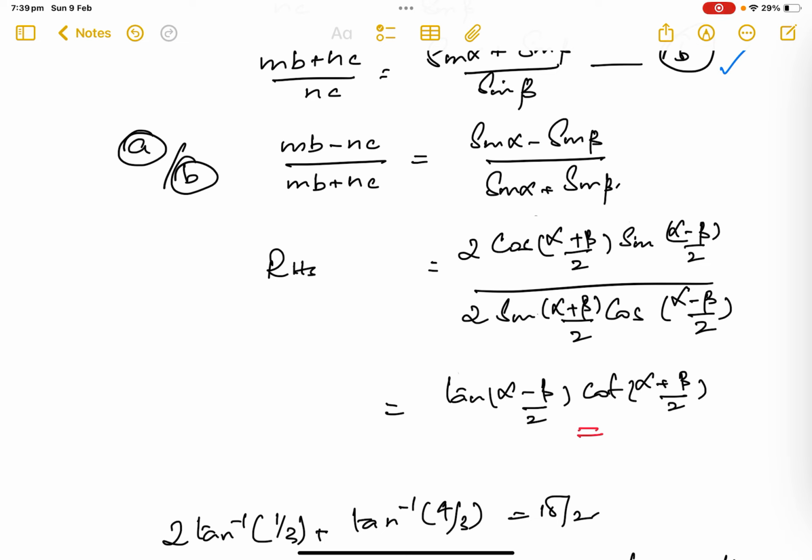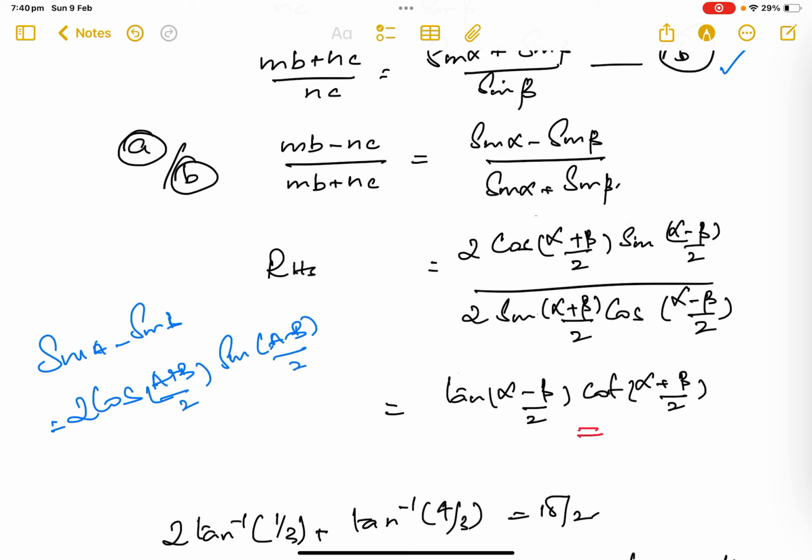We know for sure that sine A minus sine B is equal to 2 cos (A plus B) over 2 times sine (A minus B) over 2. That is the top part. And sine A plus sine B is equal to 2 sine (A plus B) divided by 2 times cos (A minus B) divided by 2.